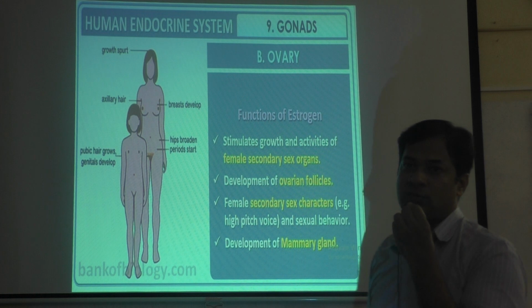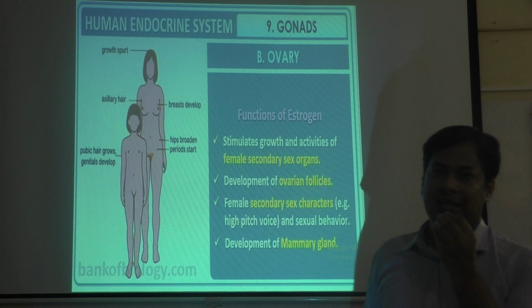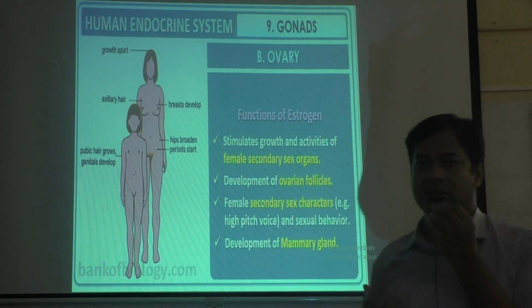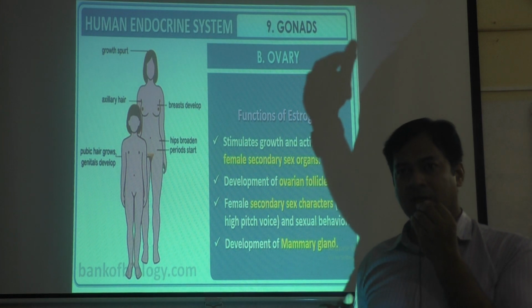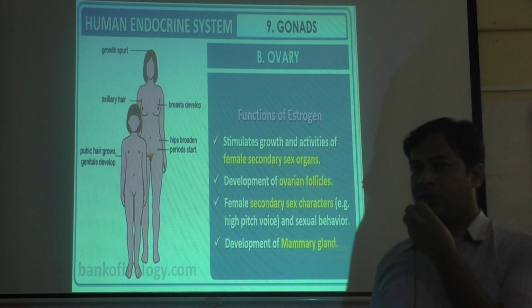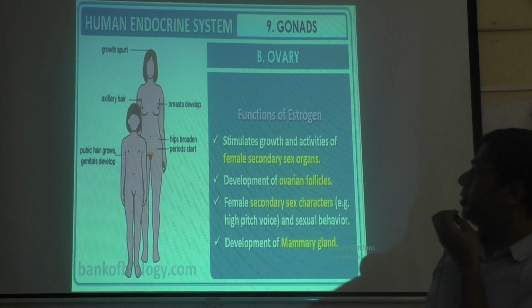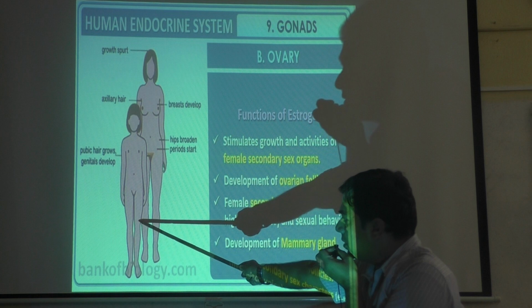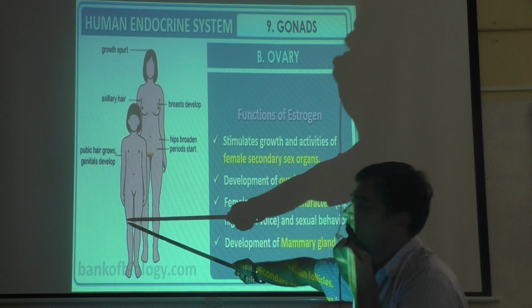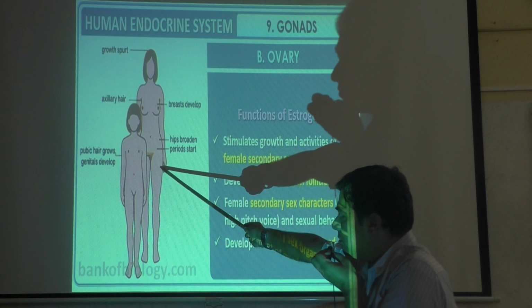What is secondary sexual character? That is enlargement of breast, then pubic hairs around the reproductive organs, around the vagina. See, they are showing a girl who is not mature and a mature female.